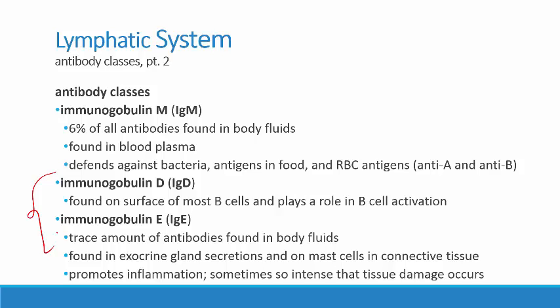And it turns out that IgE promotes inflammation, and it's IgE that's involved when we see anaphylactic level responses to a toxin or to an antigen. So it can produce super intense inflammatory responses, so intense that sometimes tissue damage occurs, which is what's happening during anaphylaxis.